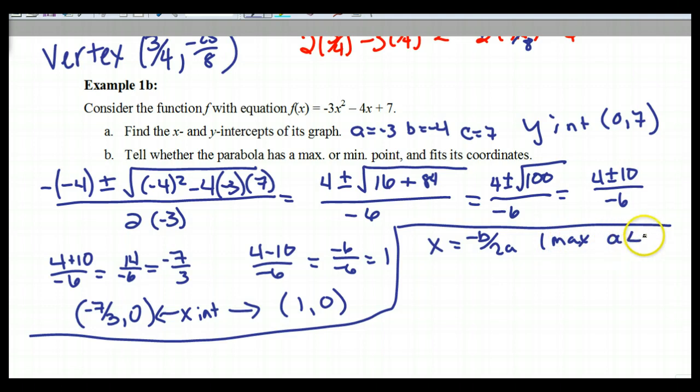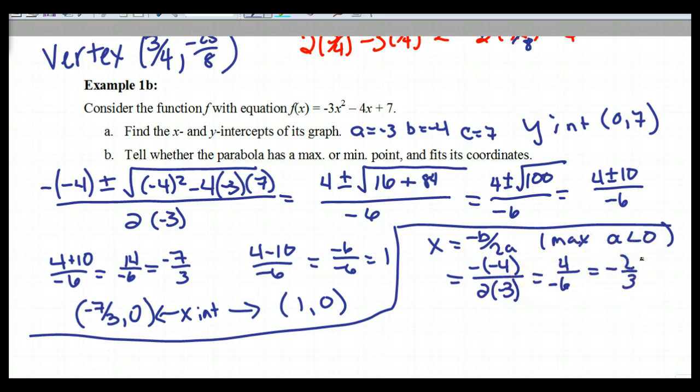So -b over 2a, for our axis of symmetry in this case, is -4 over 2 times -3, or 4/6. If I simplify that, it'll be -2/3.